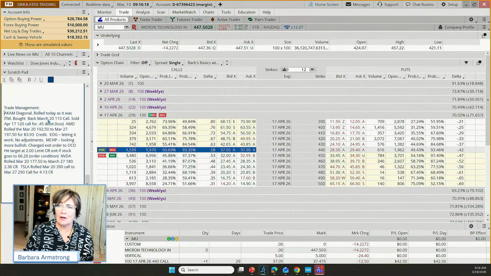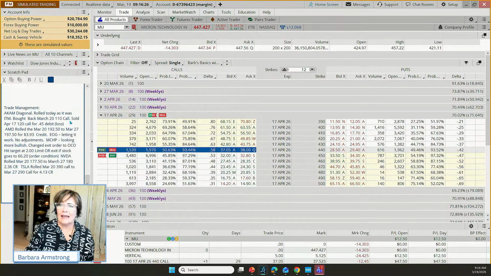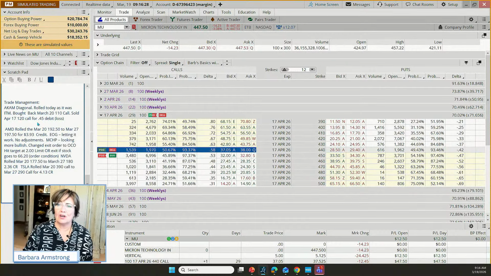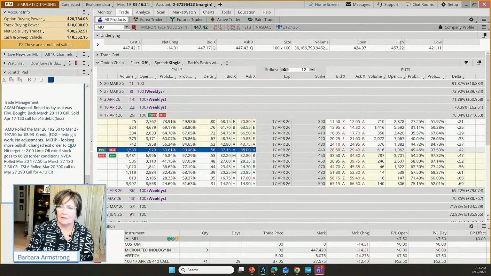She bought back the March 20th and sold the April 13th for a 45-cent debit. Now on AMD, she rolled the March 20th to March 27th for a credit of $3.93.